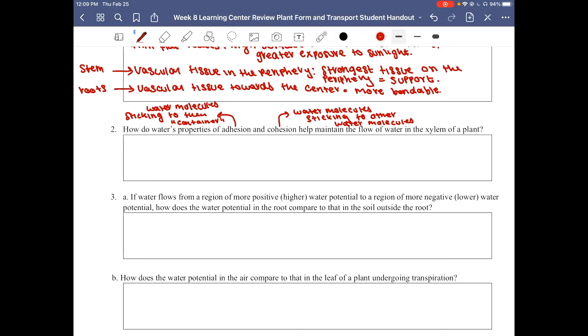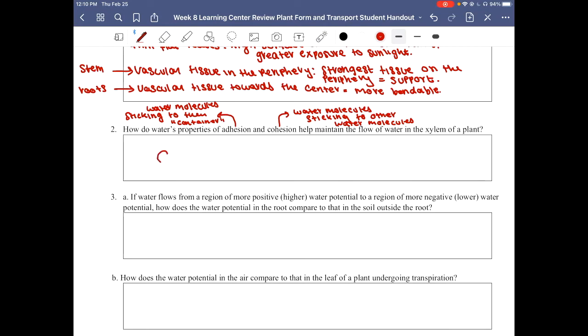So first the waters are sticking together, and then they're also sticking to the sides of the xylem. And because there's a negative pressure that is applied, it's going to pull the water up the xylem. And each water molecule is then therefore going to pull the next molecule with it because they're connected to each other.